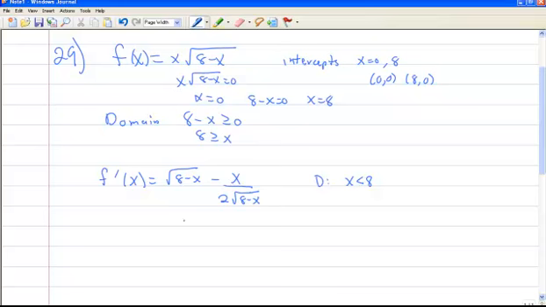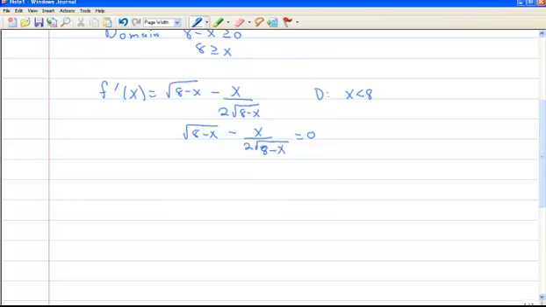Now, if I take this, the square root of 8 minus x minus x over 2 times the square root of 8 minus x, and set it equal to 0, the square root of 8 minus x will equal x over 2 times the square root of 8 minus x.